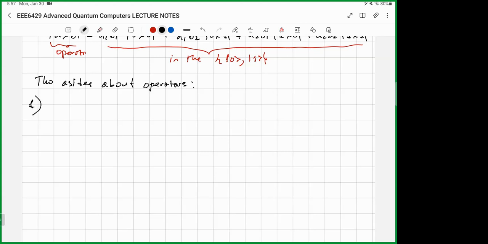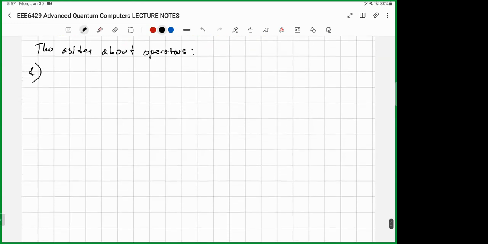So the first one. We say that when we introduce a basis in a vector space, then we can transform this basis to another one, right? And of course, the operators also transform from this transformation.